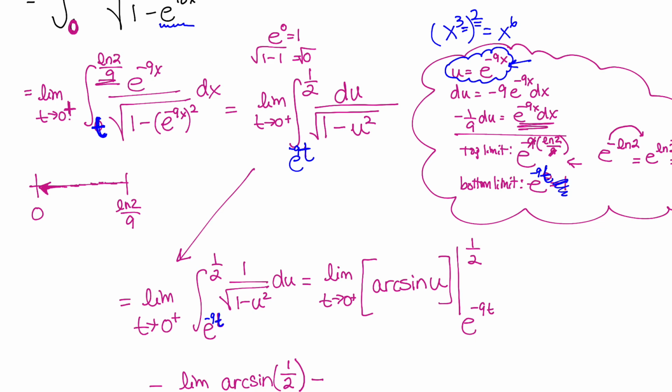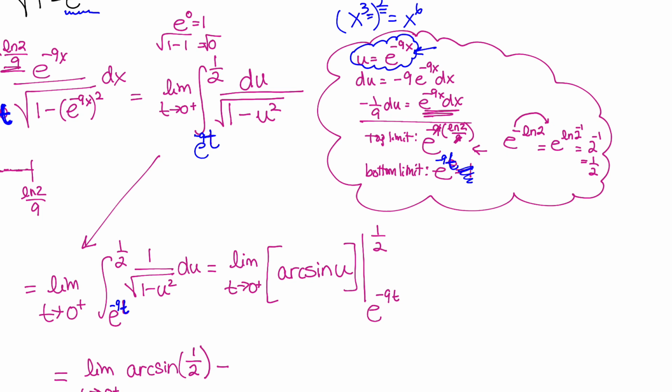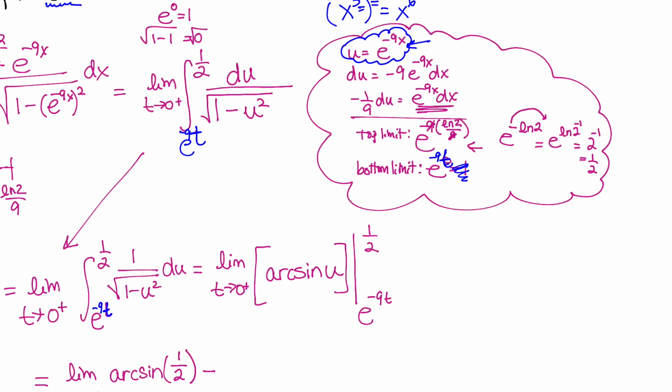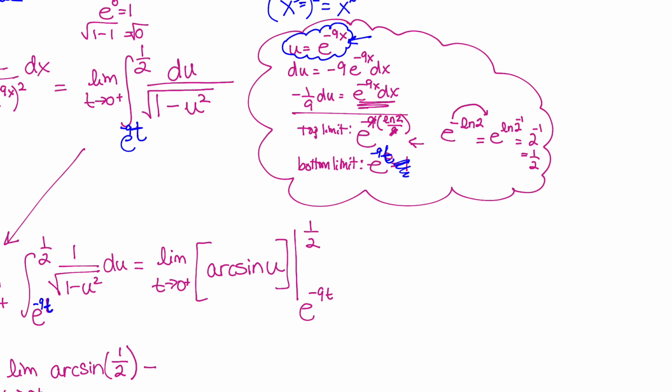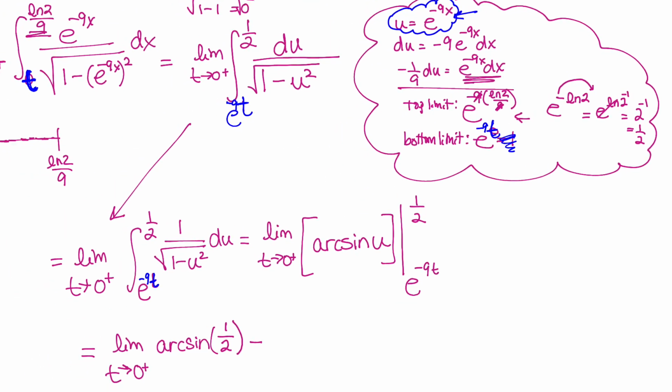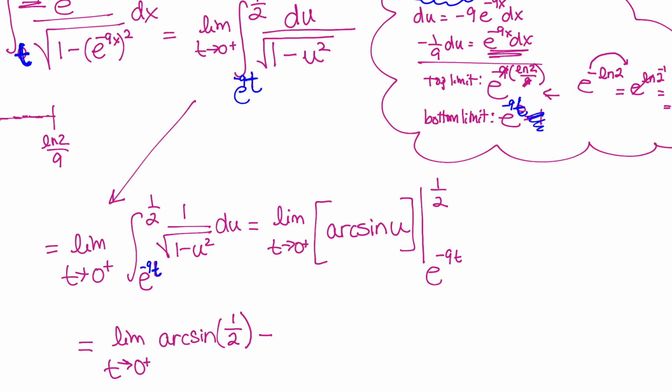The 9's cancel, so I'm left with e to the negative ln of 2. That's equivalent to e to the natural log of 2 to the negative 1. And that's equal to 2 to the negative 1 because e and natural log are inverse functions. That's equal to 1/2. My top limit becomes 1/2.